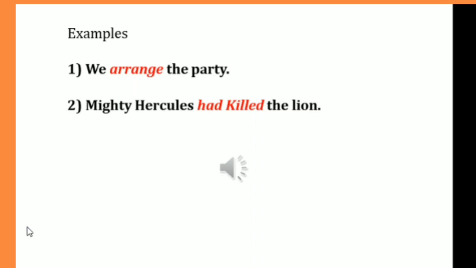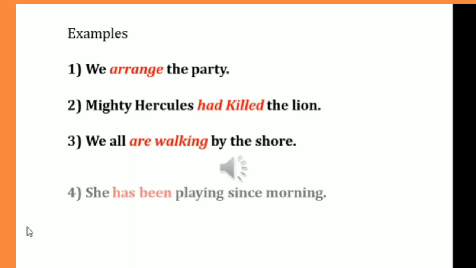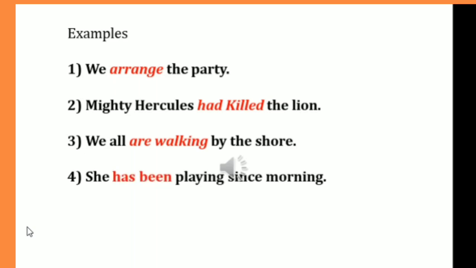Here, the verb is had killed because it shows the action of killing the lion. Third example: we all are walking by the shore. Here, the verb is are walking. Fourth example: she has been playing since morning. Here the verb phrase is has been playing.